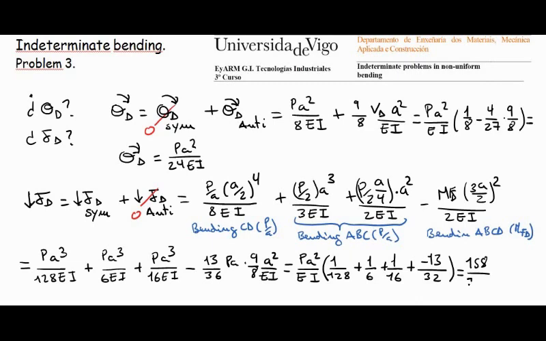So this is equal to 158 divided by 768 PA cubed divided by EI. And we correct here this, that is a square.